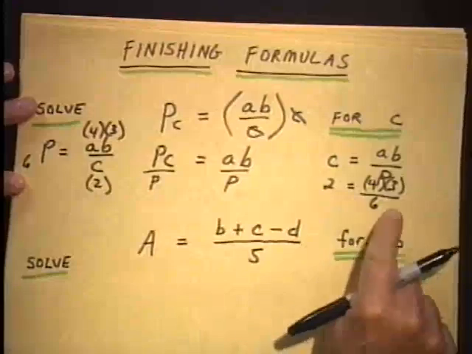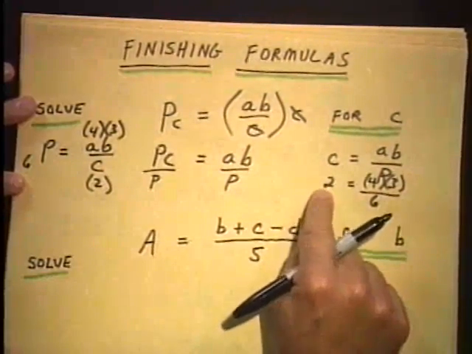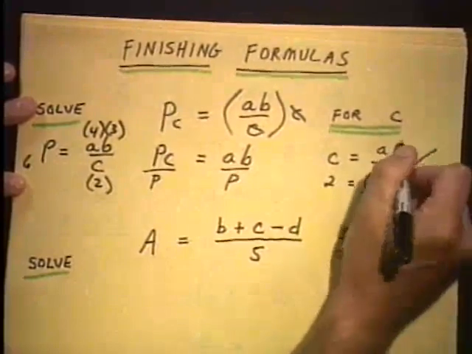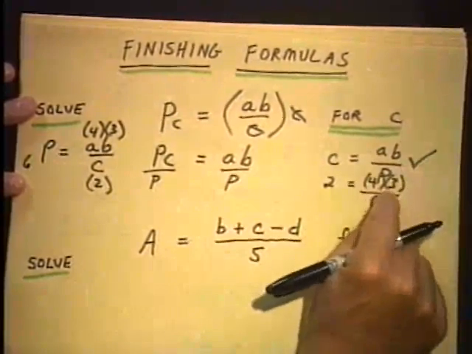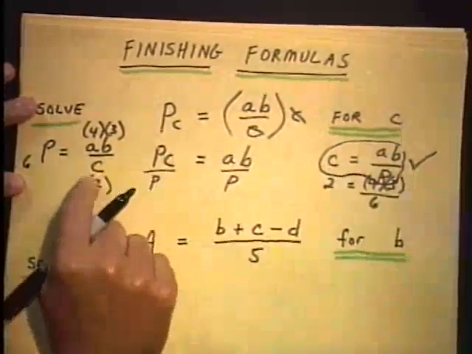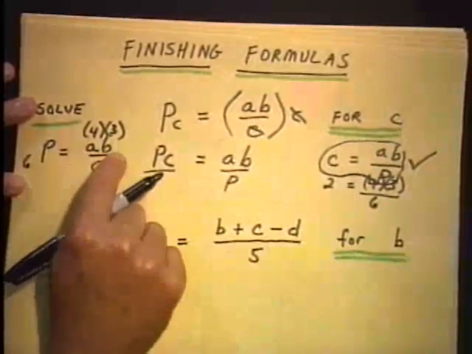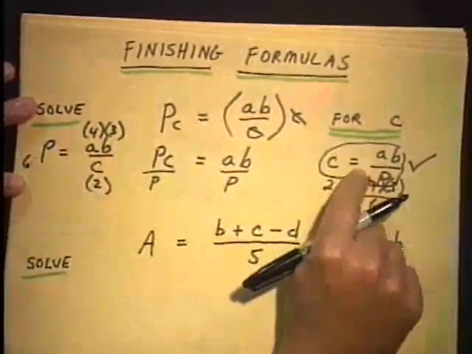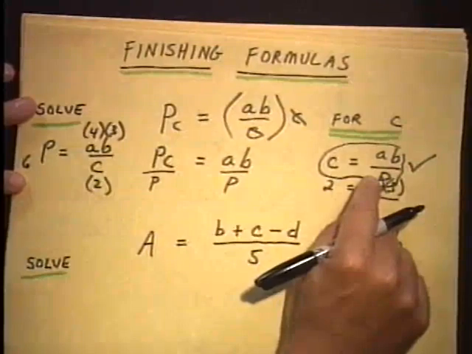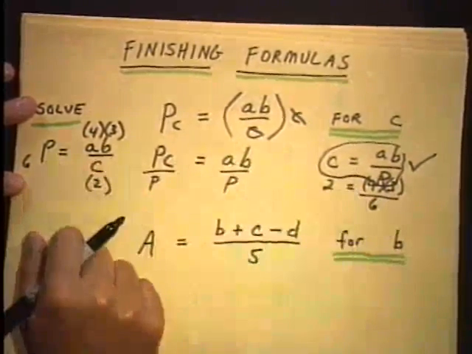And looky here, 4 times 3 is 12 divided by 6 does give us 2, so we know our final formula here, which I kind of wrote through a little bit, does actually check and make sense. And the beautiful thing about algebra, you can put any real numbers in the universe in here for A, B, C, and P, and they ought to make sense in your answer over here as well. So you can check variable formulas by substituting in values.